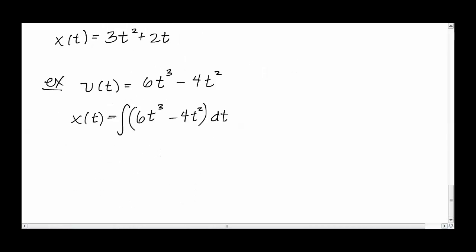Okay, so now we're going to add 1 to the exponent, so that's 6t to the 4 over n plus 1, so that would be 4, minus 4t to the 3 over 3. And that is our position function.